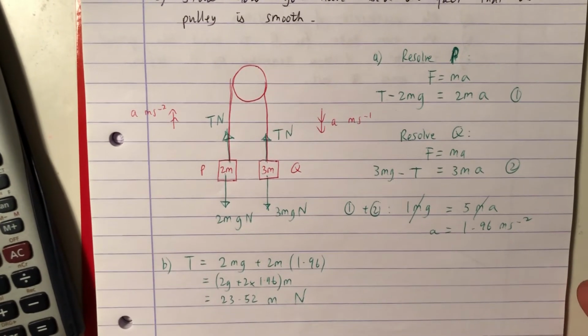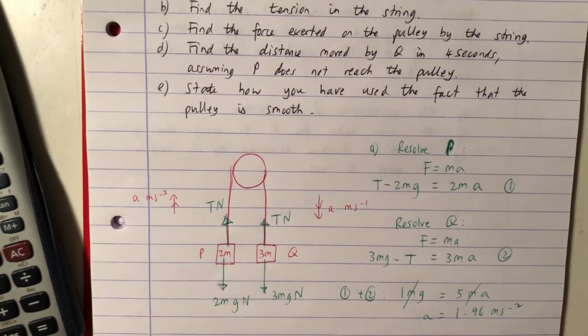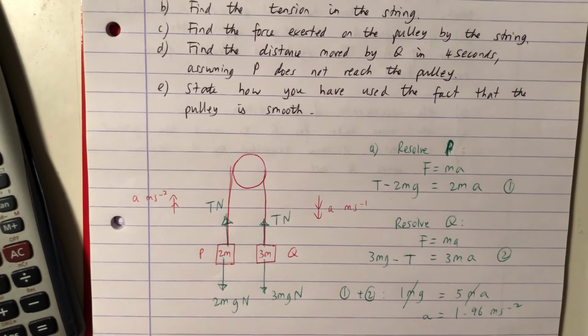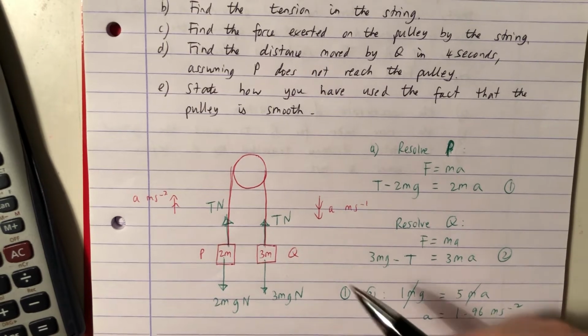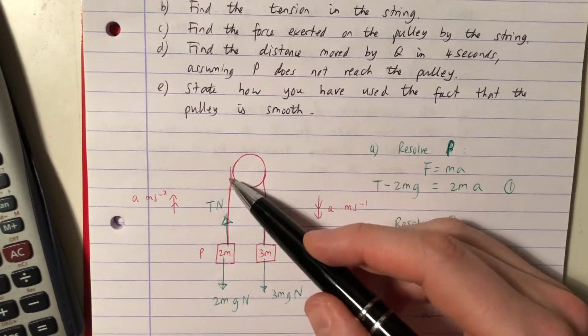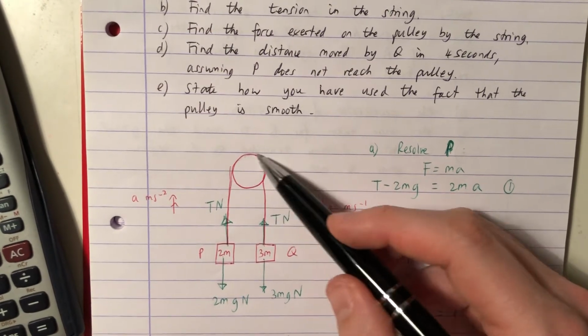Okay, and part C, find the force exerted on the pulley by the string. So for this one, I'm going to consider the forces pretty much acting on the string by the pulley.